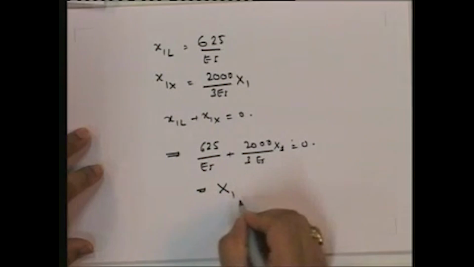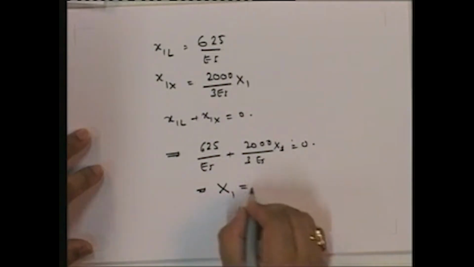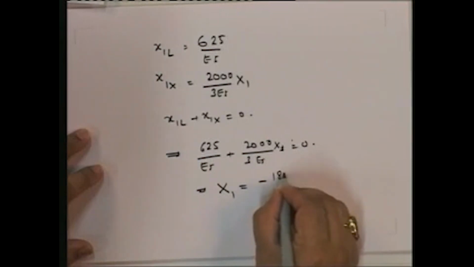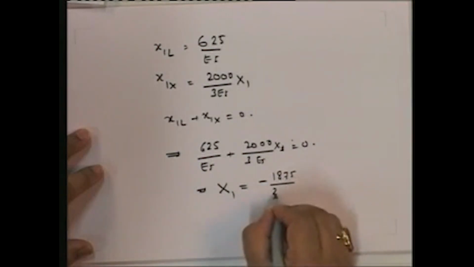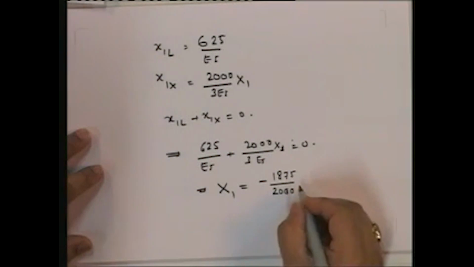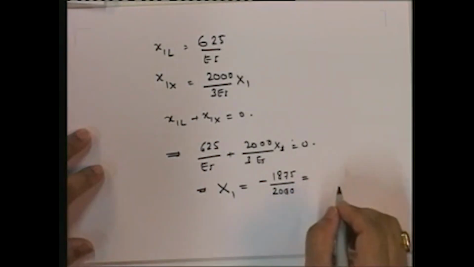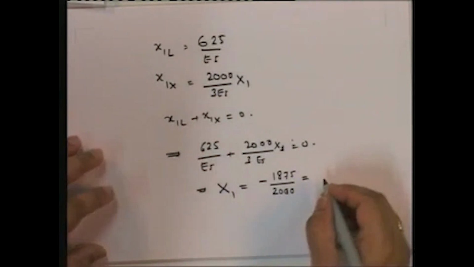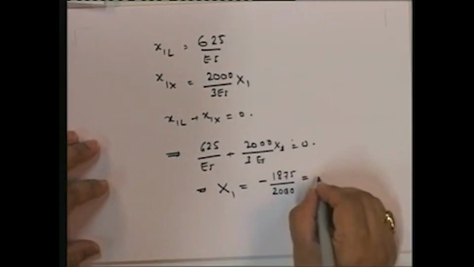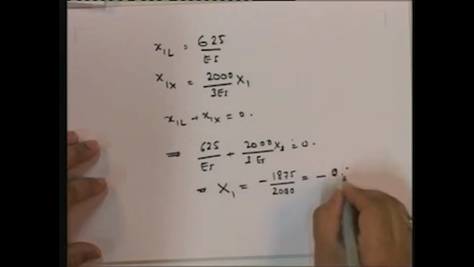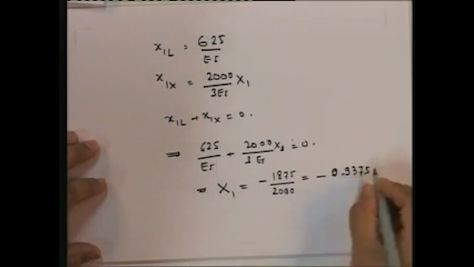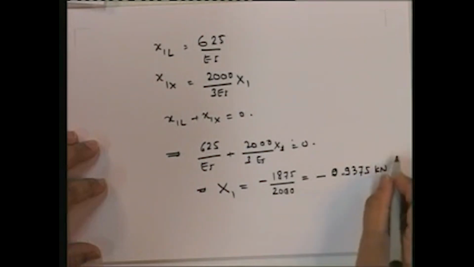This implies that x1 is equal to minus 1875 upon 2000, which is equal to minus 0.9375 kilonewtons.